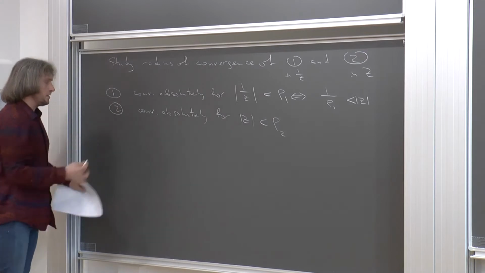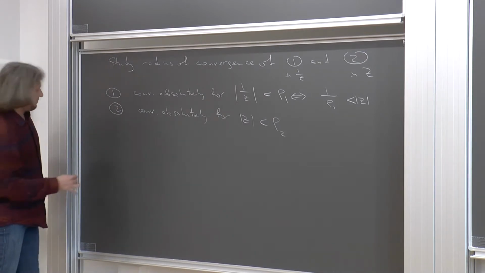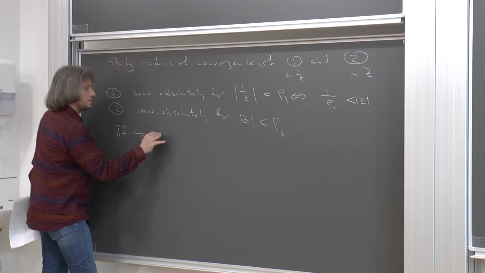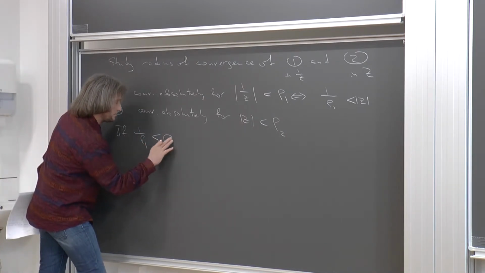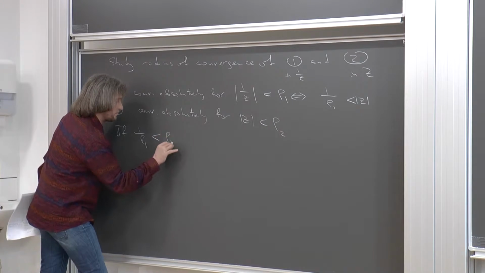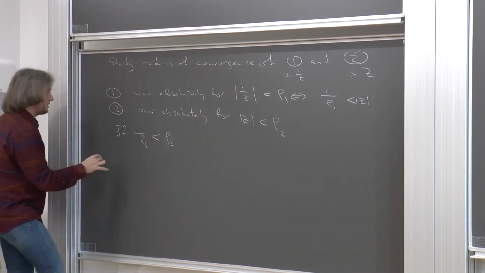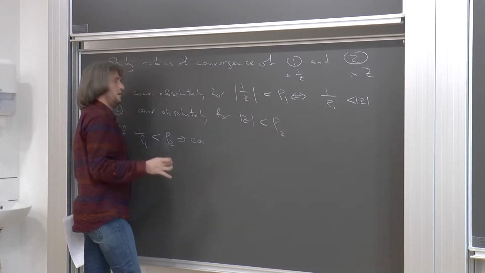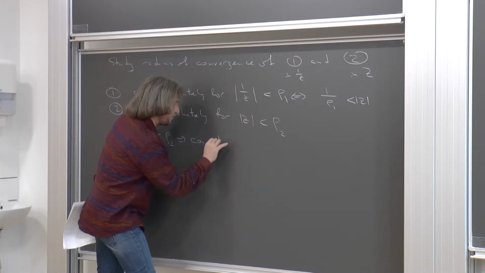So now we see that in principle, if 1 over rho 1 is less than rho 2, then we can study convergence of both together.